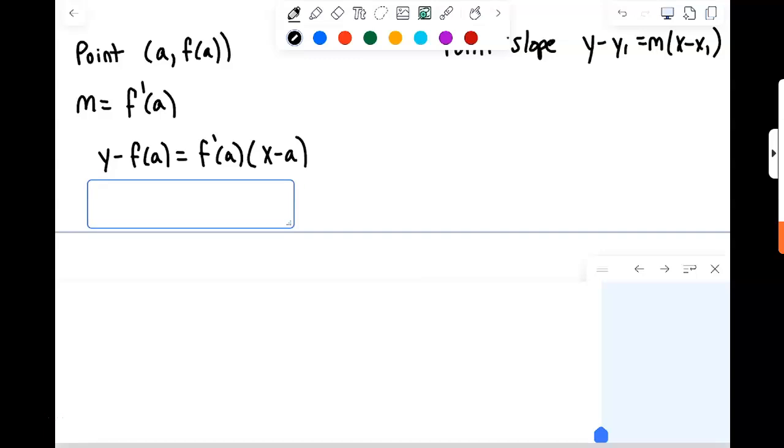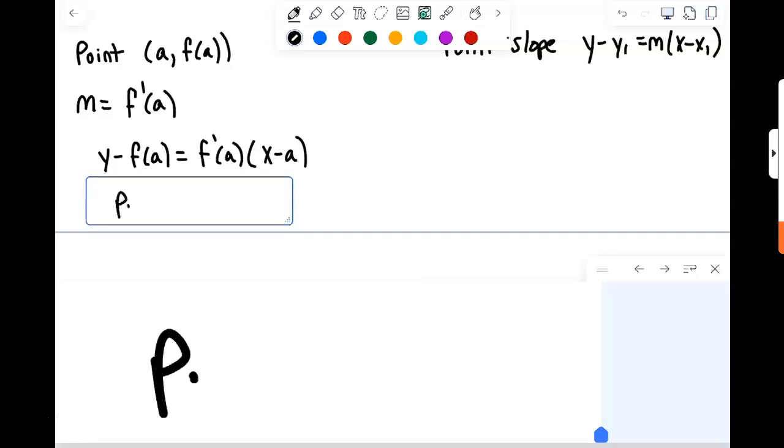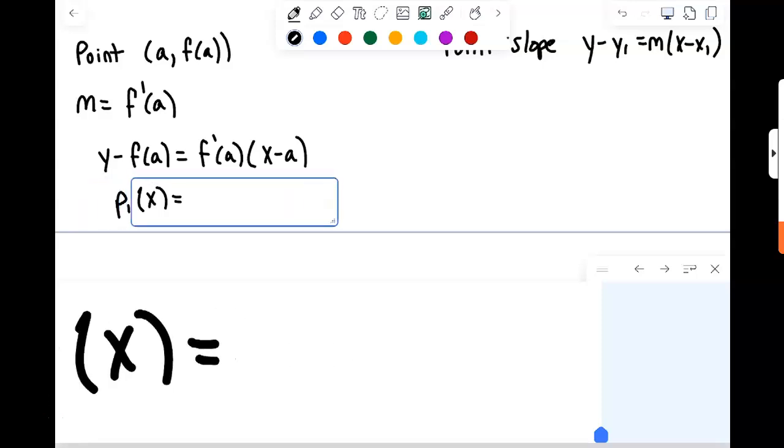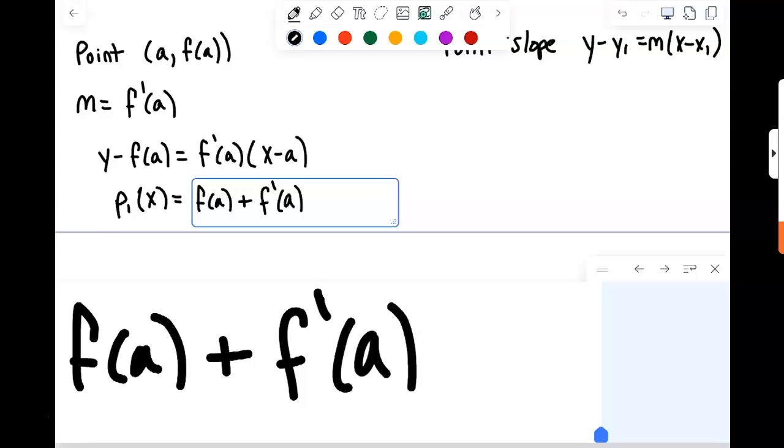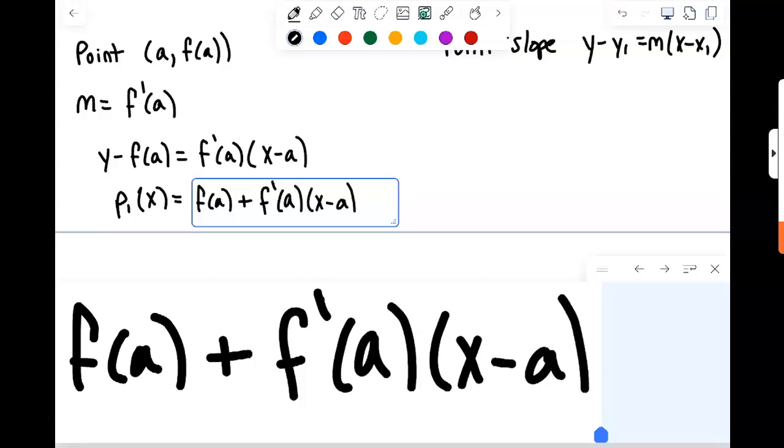And instead of writing y, we would say our linear approximation, or a polynomial of degree 1, would be f of a, bring it over to the other side, plus f prime of a times x minus a.